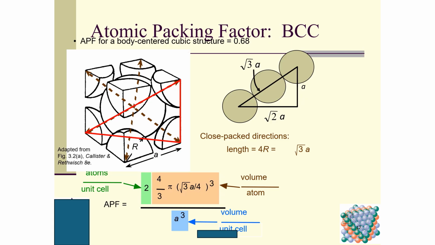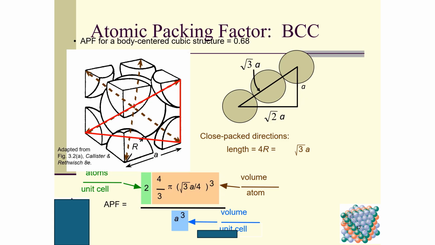So from here to here, the distance equals 1, 2, 3, 4, 4r, right? So this is 4r. You can see this 1r, this 1r, and the whole ball has 2r. So 4r equals the diagonal length.